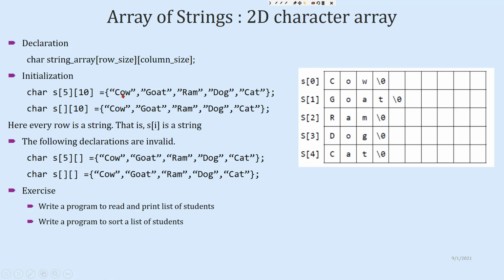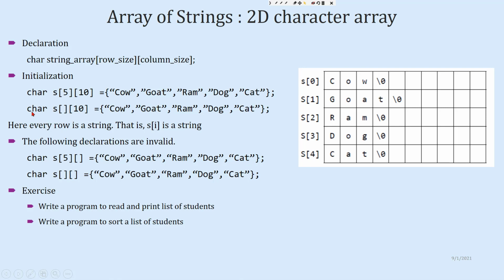Then the cow will go in the first row. After that, automatically a null symbol will be appended. Next, the goat will go in the second row and a null symbol will be appended. Similarly, the cat will go in the fifth row, index position 4, and it will attach a null symbol.